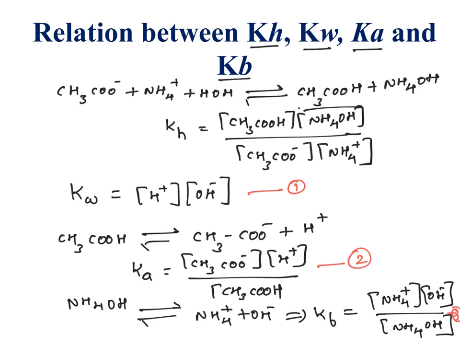Next, I divide Kw by Ka Kb. So the ionic product of water divided by the product of acid dissociation constant and base dissociation constant. Let's take it in the next slide.